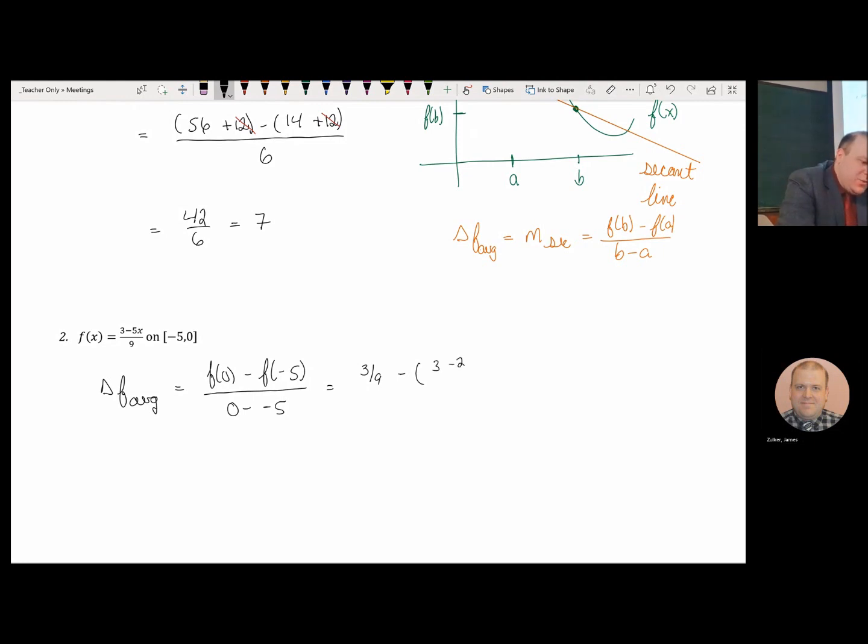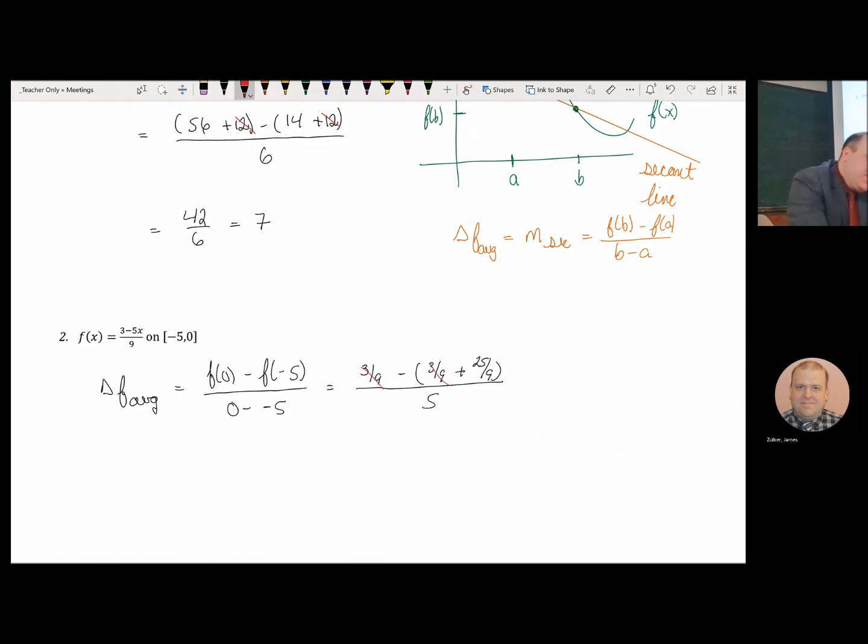So it would be 3 minus 25 all over 9, or plus 25, right? But we can write that as 2 separate fractions, can't we? Isn't that the same as 3/9 plus 25/9? And that's all over 5.